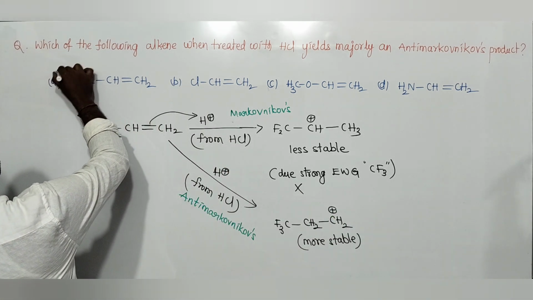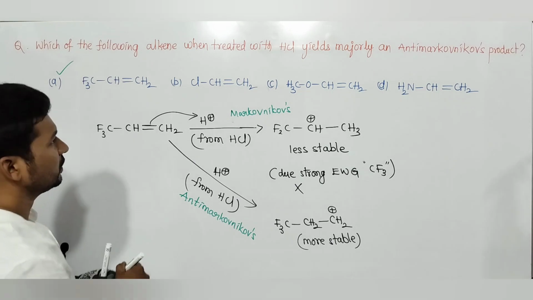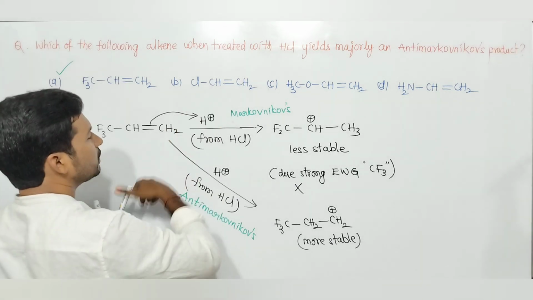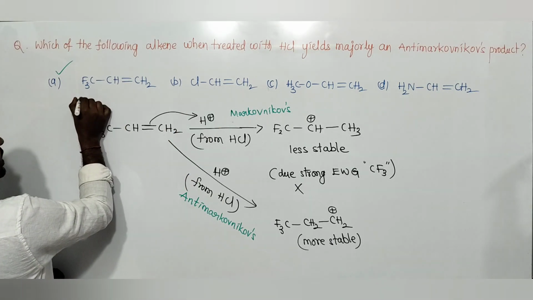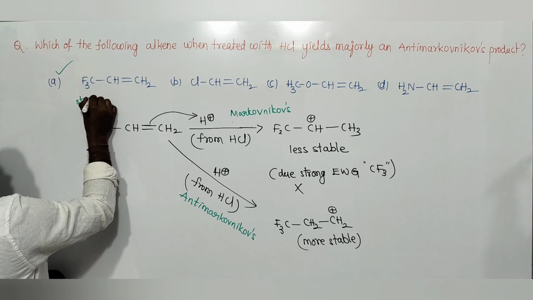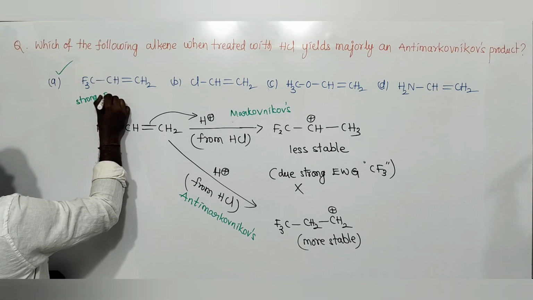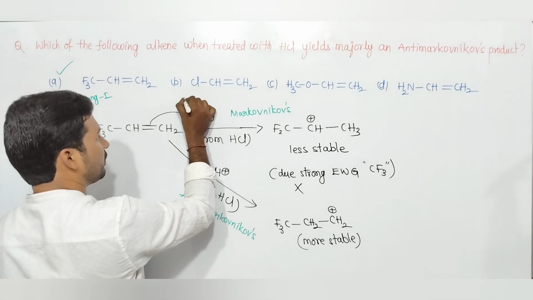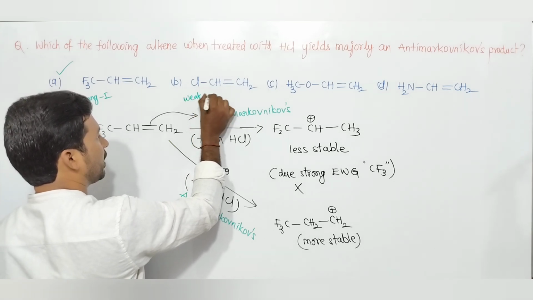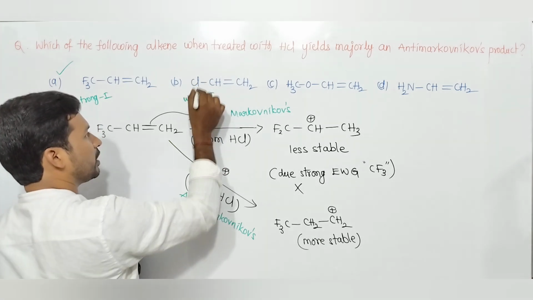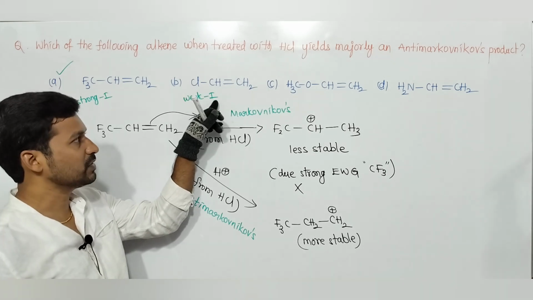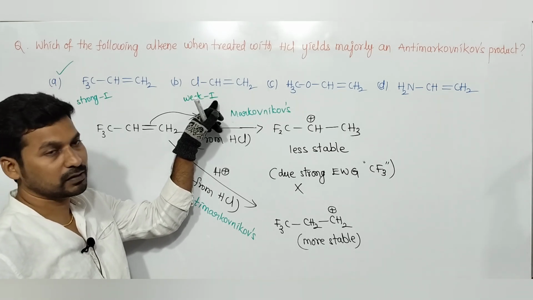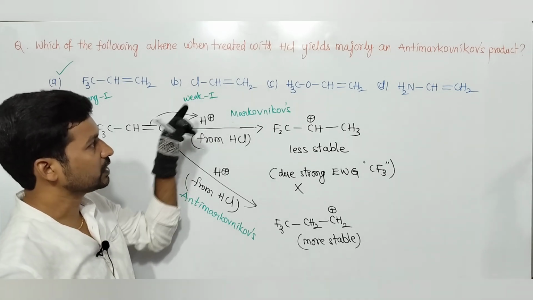So here anti-Markovnikov's rule. Here this one, chlorine is what? This is a very strong minus I group. Here this is what? Minus I group, but a weak minus I group. Of course, chlorine is a plus M group, but for halogens the mesomeric effect is less dominant, and the inductive effect dominates here.